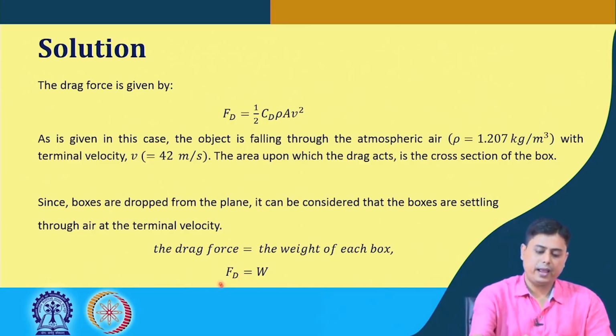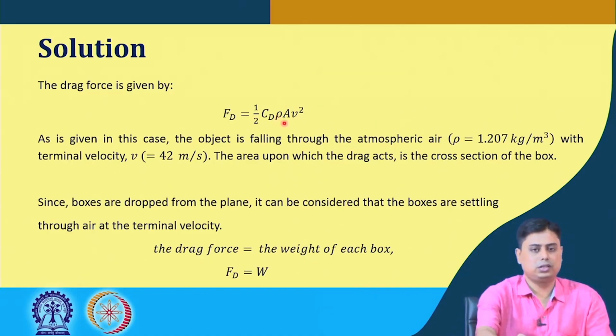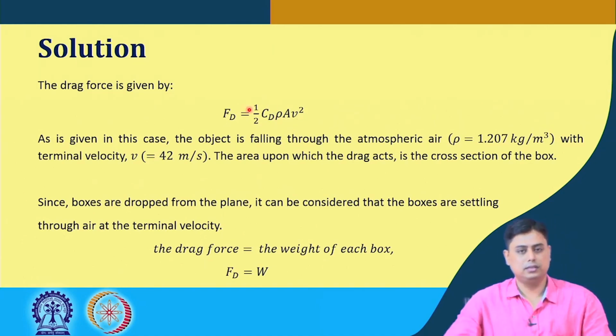The drag force, we have this expression, which equals some known values that are given in the problem already. Now, here rho is known, cross sectional area is known, V is known, we have to find out what is CD.